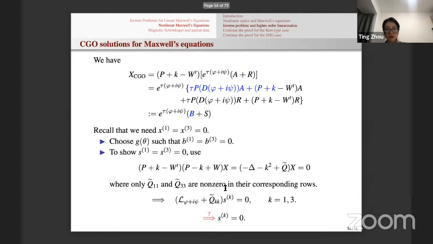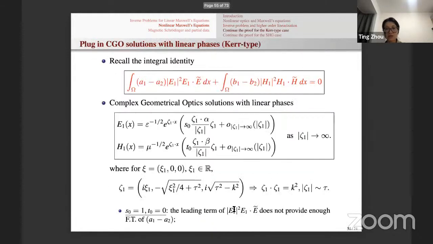Okay, so suppose that we are able to do all these steps and have the CGO solutions, and we want to plug them into the integral identity we obtained for Kerr type, where we have a product of 4 solutions. Okay, and we first try the linear case, when you have a linear phase for the CGO solution. This will be the corresponding amplitude if you use the Euler-Sommerfeld reduction.